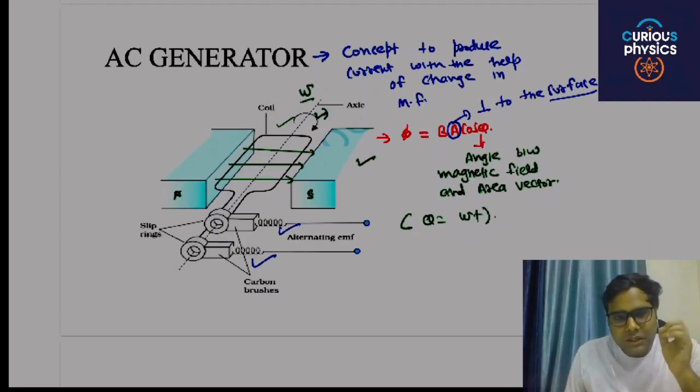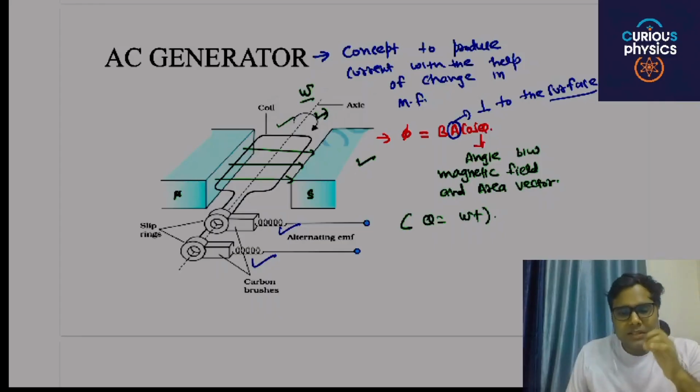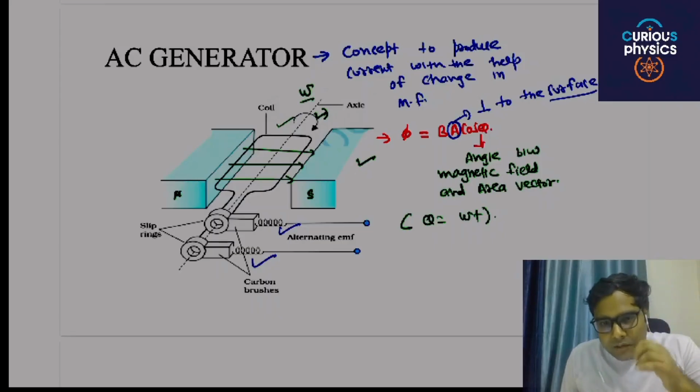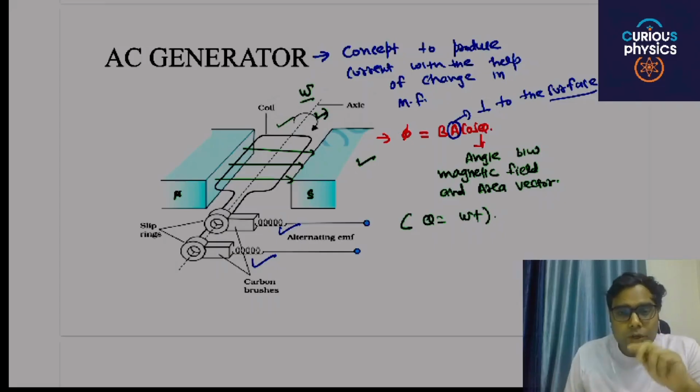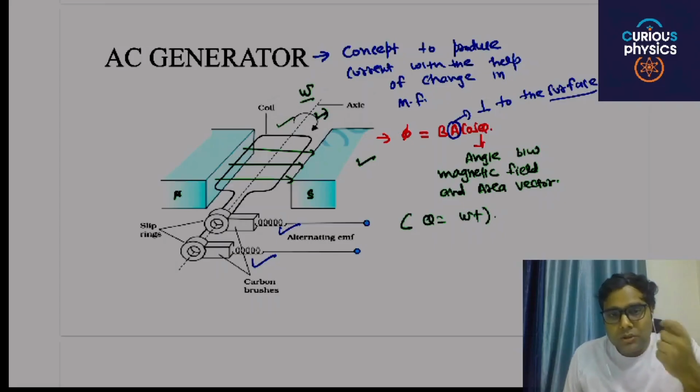The continuous change in theta means that magnetic flux is changing with time. If magnetic flux is changing with time, then there will be an induced EMF, which we have studied under Faraday's law. And if there is an induced EMF, then we will generate a current.